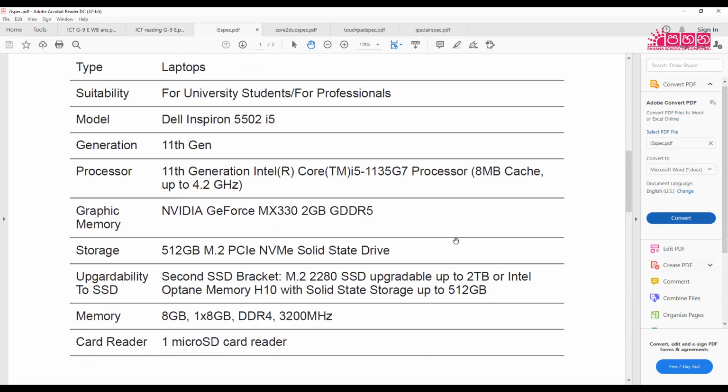What is the RAM size? Dhananji? 8 GB. Yes, the memory or RAM is 8 GB.